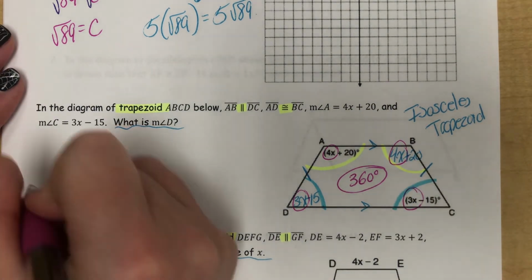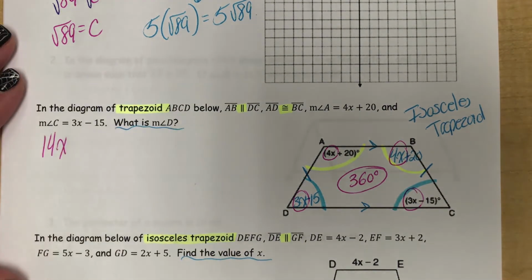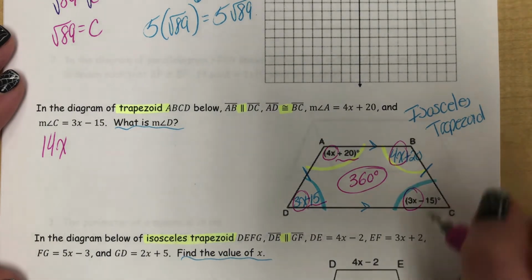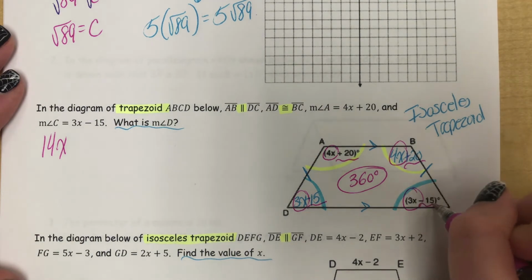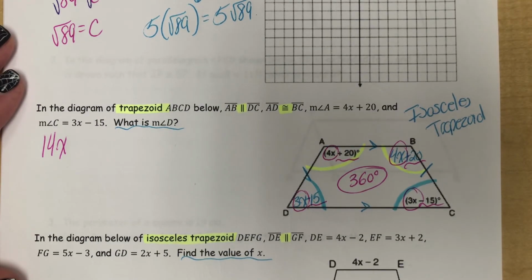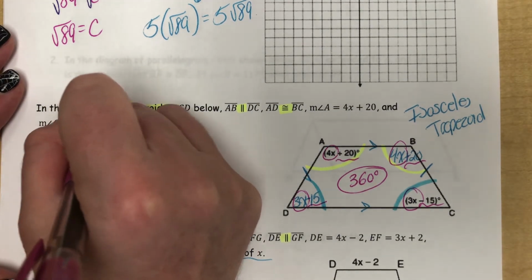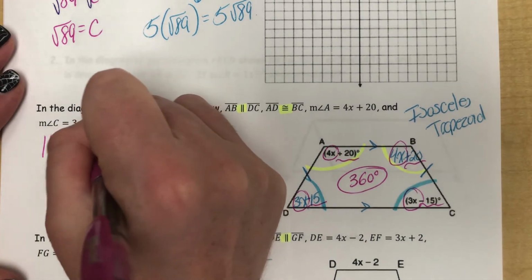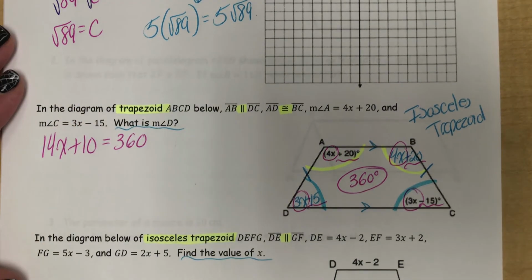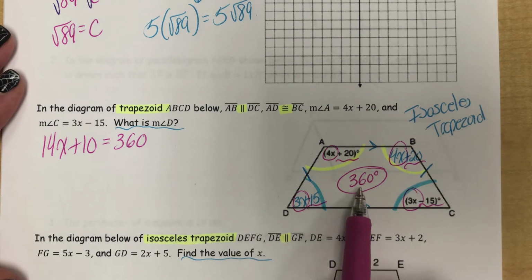When I add all my x's together, I get 14x. Positive 20 minus 15 plus 20 minus 15. When I combine all of those numbers together, I get a positive 10. And that whole thing is going to equal 360 degrees because all four angles make that 360.